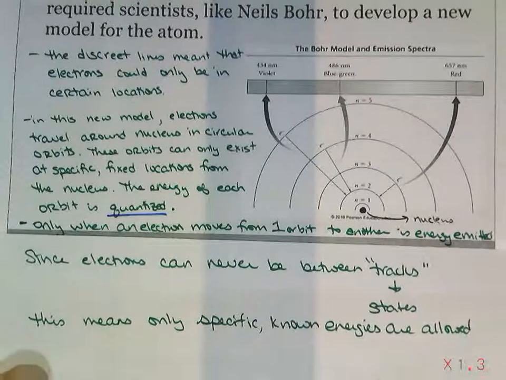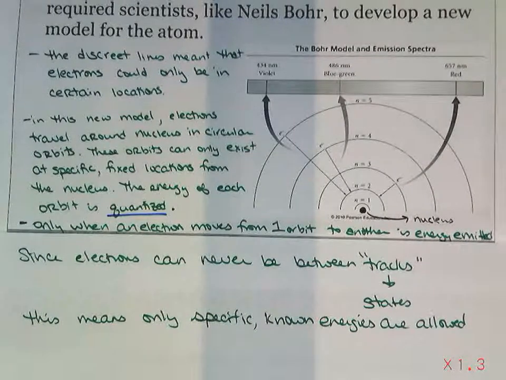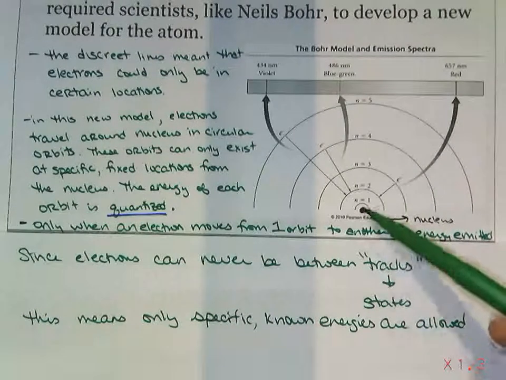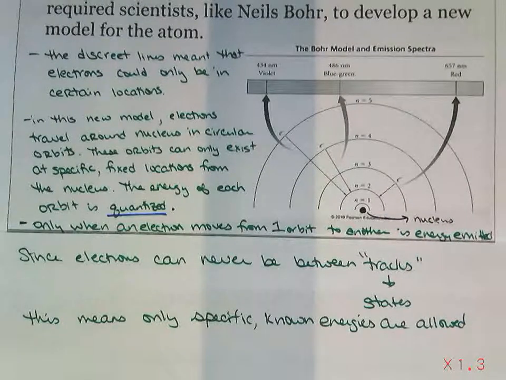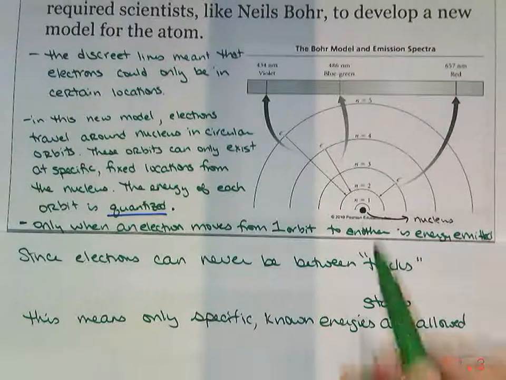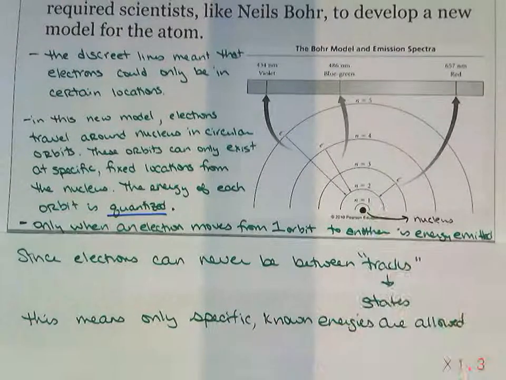This means only specific known energies are allowed. So if I can only be here or here, and I know the distance between those two, I'll always know how much energy is needed to switch tracks. Since I can't land in the middle, I can only go from 1 to 2, or 2 to 1, and I know that energy gap, which means I always know how much energy it takes to go from 1 to 2, or 2 to 1.